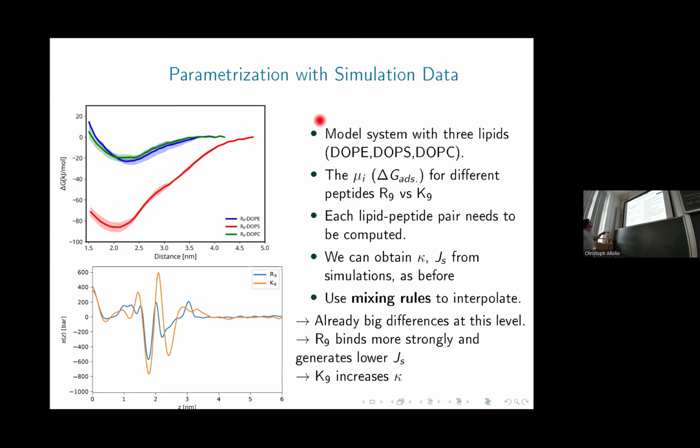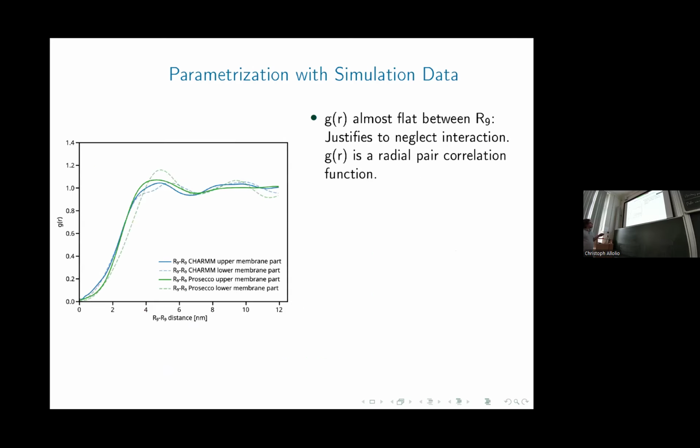Okay, so we calculated the binding free energies for R9, our cell-penetrating peptide, on all the different components, and then we calculated the local stress, giving us the J_S and the kappas. And then we, of course, also had to think about how the cell-penetrating peptides interact with each other on the surface.